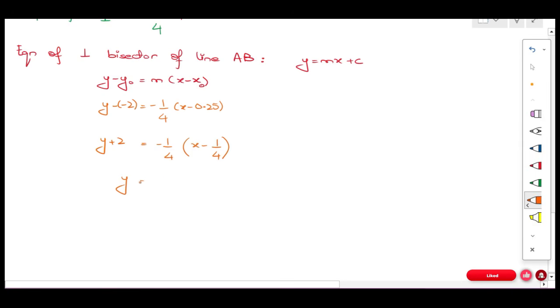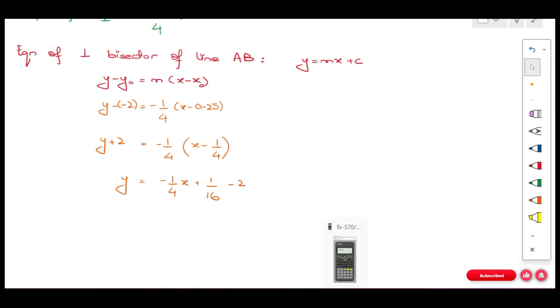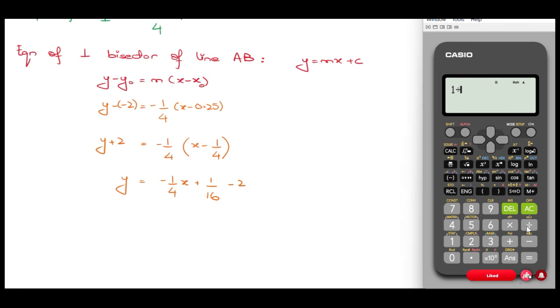Or we can say y equals minus 1 by 4 multiplying with x, and minus times minus is plus, 1 times 1 is 1, 4 times 4 is 16, and subtract 2, shift the 2 on the other side. So what is 1 over 16 minus 2? 1 divided by 16 and then subtract 2, that is minus 31 over 16.